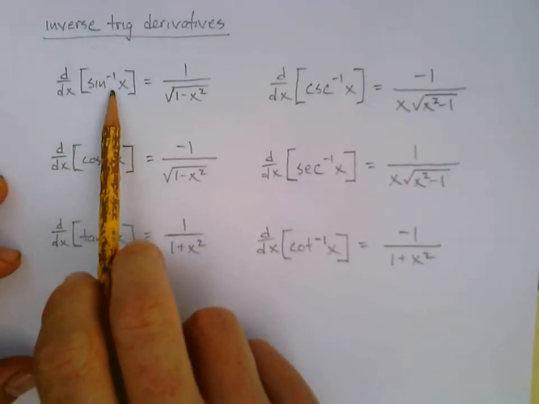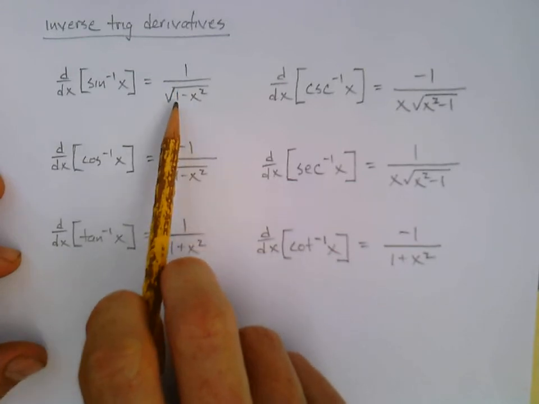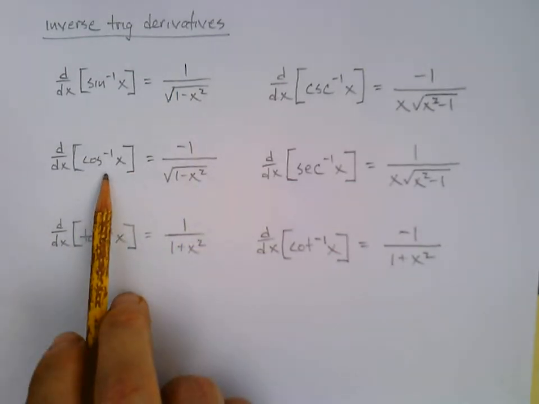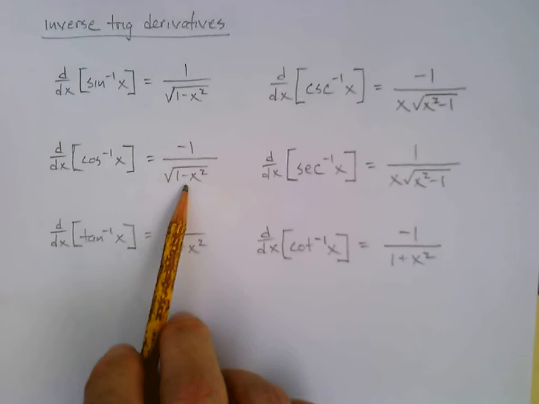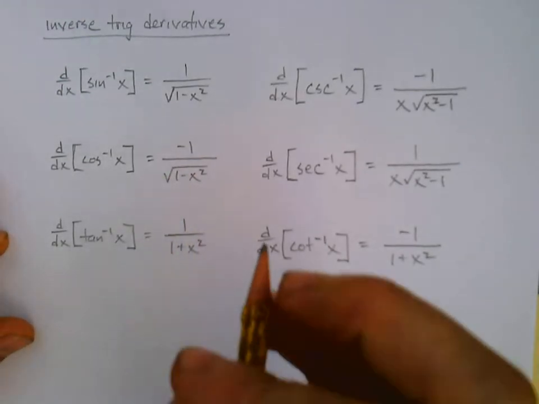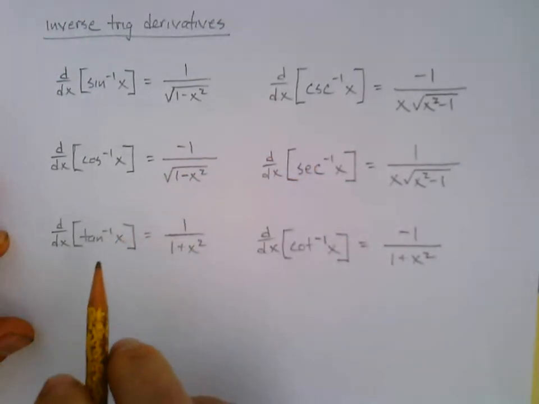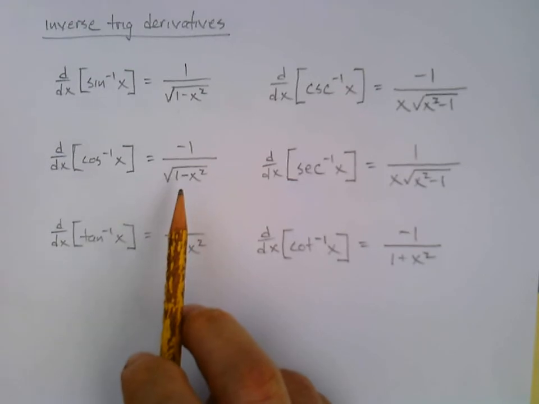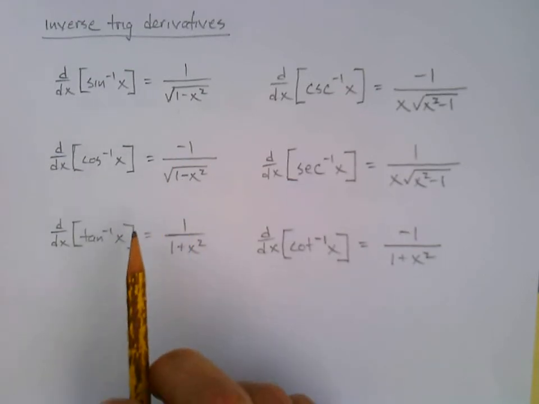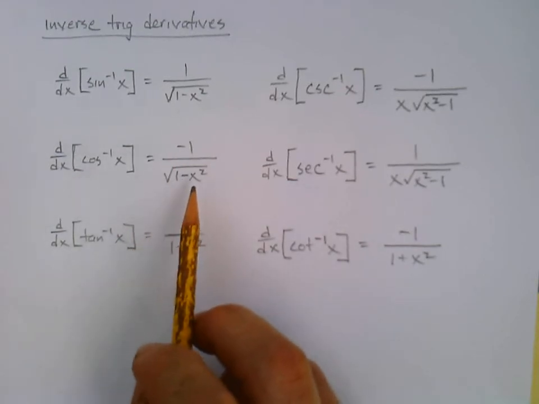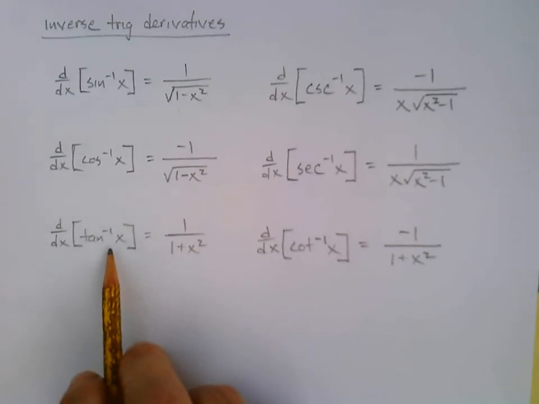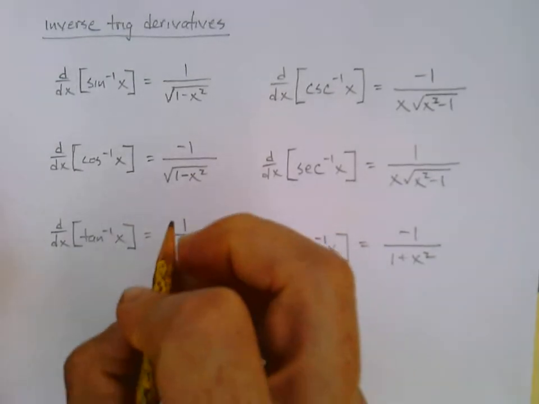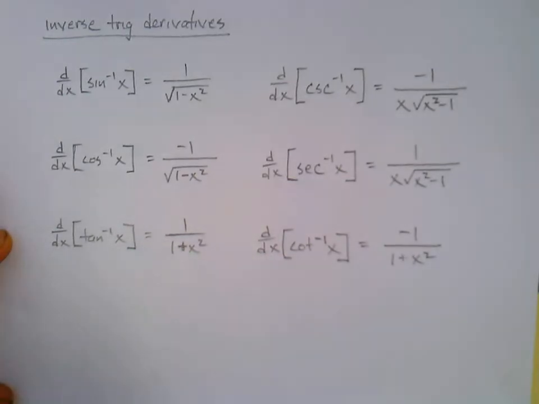Okay, so inverse sine of x, we just found 1 over the square root of 1 minus x squared. Turns out inverse cosine of x is the same thing, but negative. Weird. We could prove that by the same methods. Turns out inverse tangent of x does not involve a square root. It's 1 over 1 plus x squared.